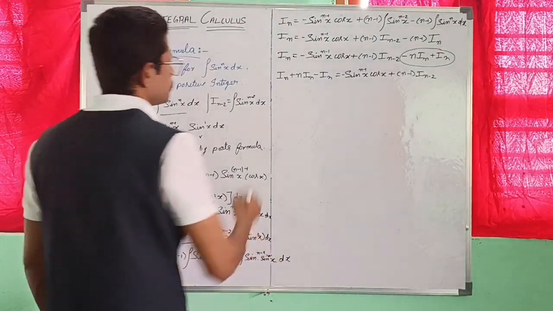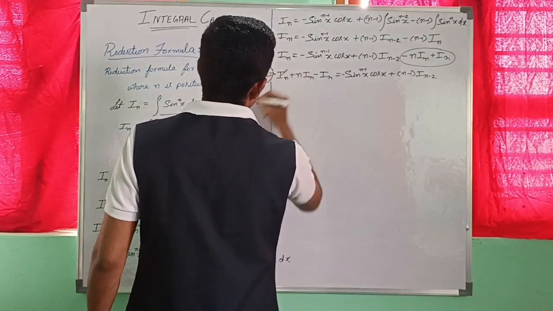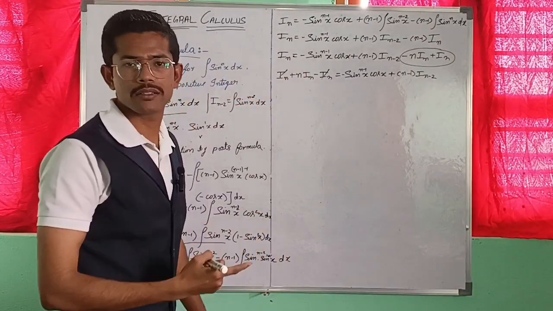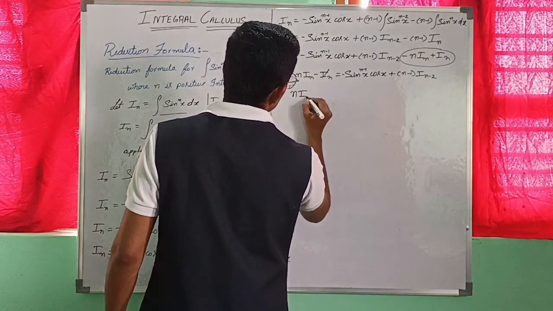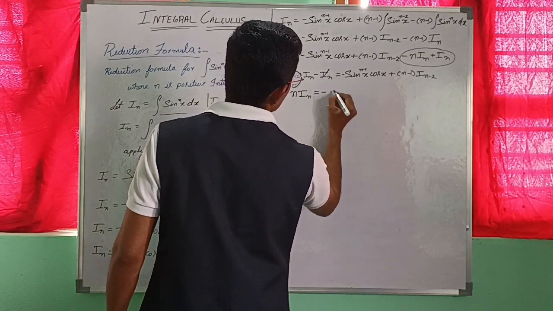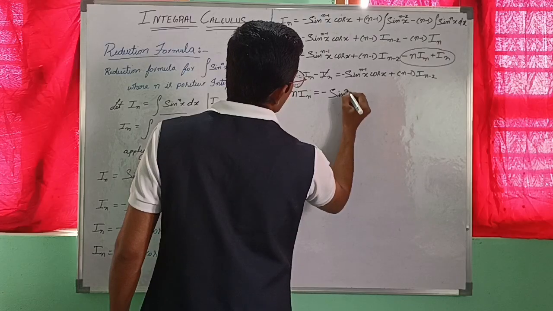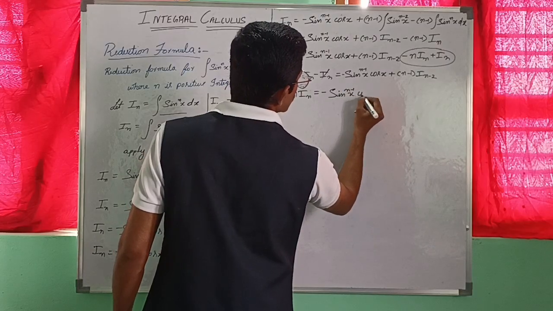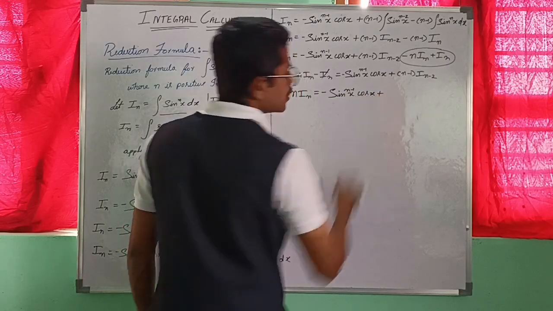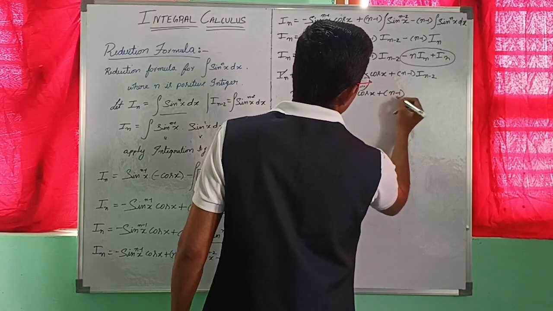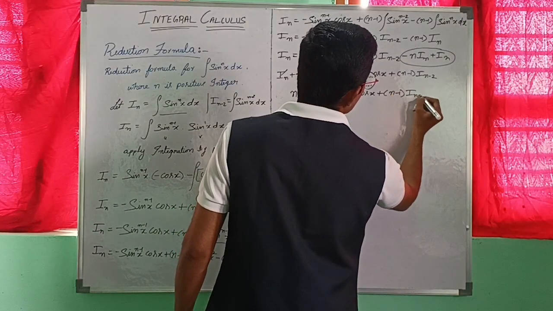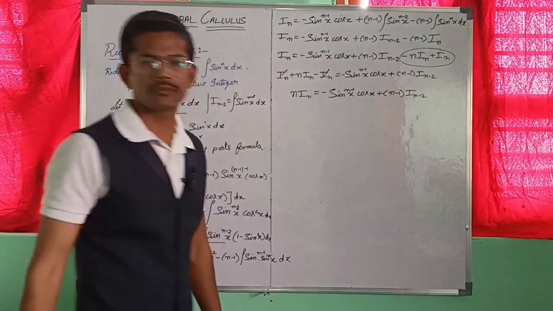Here plus In minus In cancels, and the remaining part is n into In, equal to minus sine n minus 1 x cos x plus n minus 1 I n minus 2.